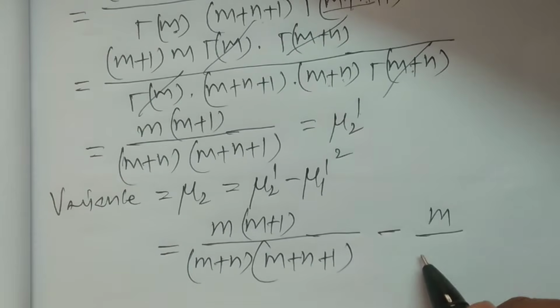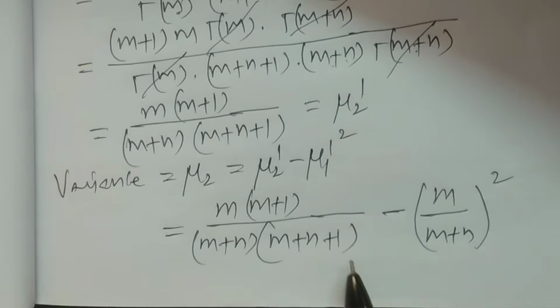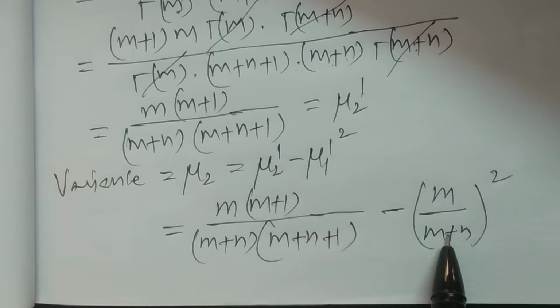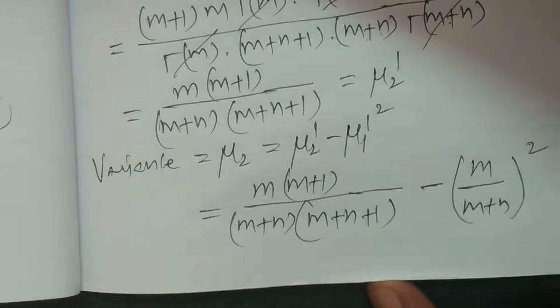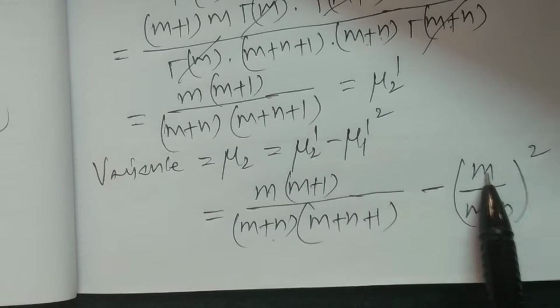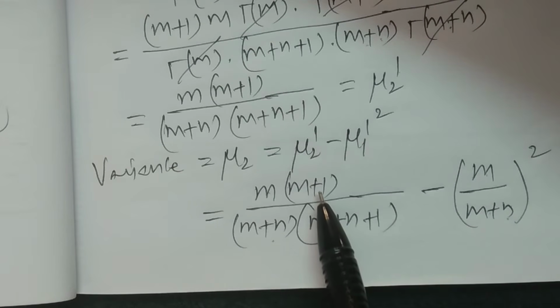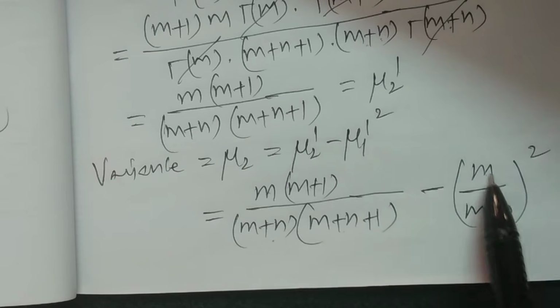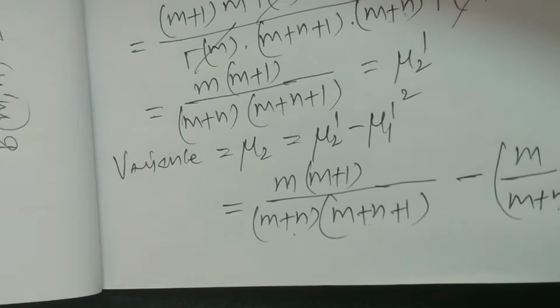M by m plus n, the whole square, in which you can take common m by m plus n. I'm doing it on the next page. So this is the picture you see. Again, m by m plus n here, m by m plus n here, you can take the common, and then we have here m plus 1 divided by m plus n plus 1, minus m by m plus n, because it is whole square.